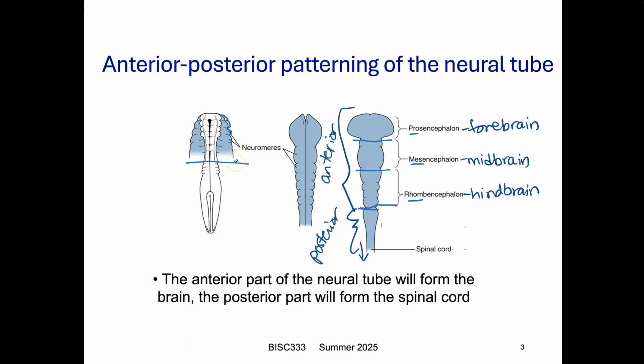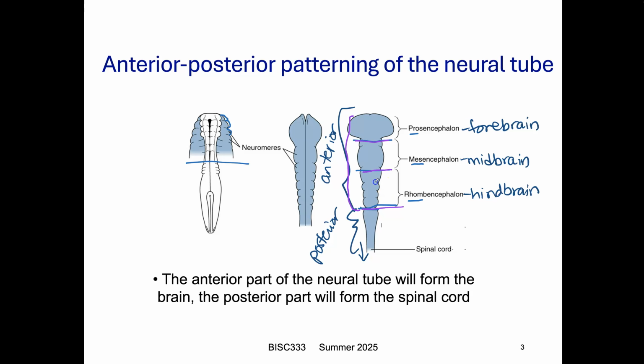Okay, so as far as the anterior neural tube goes, the anterior part is going to form the brain, and the brain is quite spread out at first. And it's divided into multiple sections, and the first divisions are just the forebrain, the midbrain, and the hindbrain.